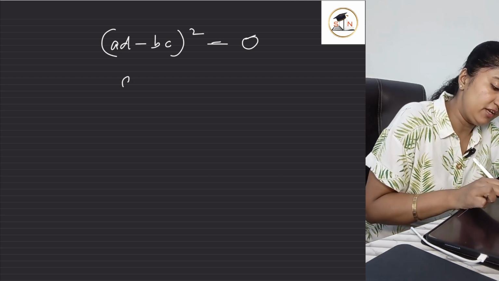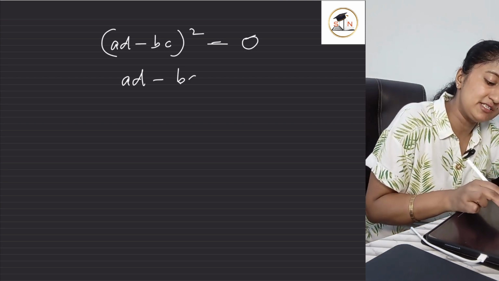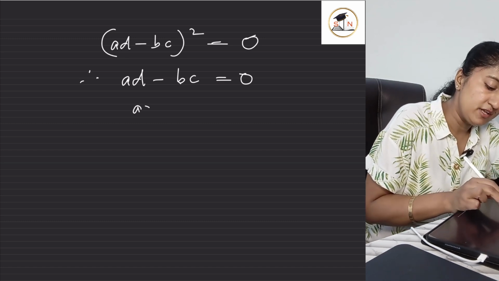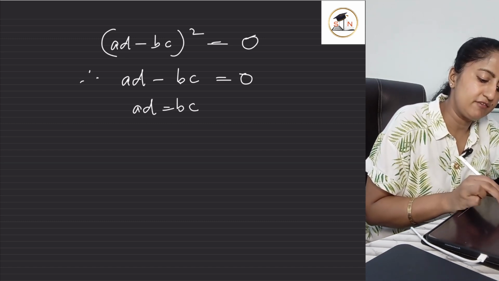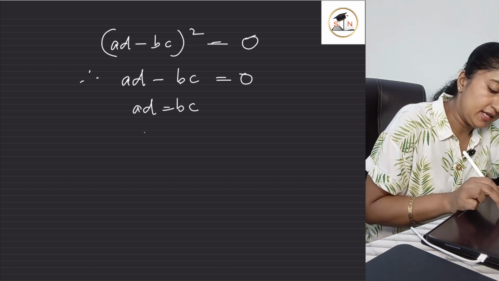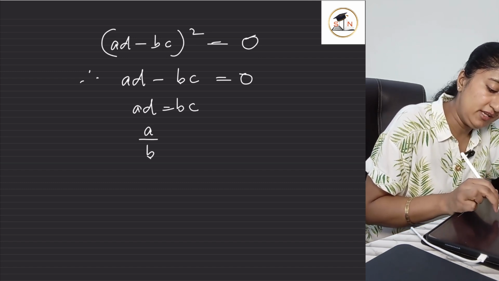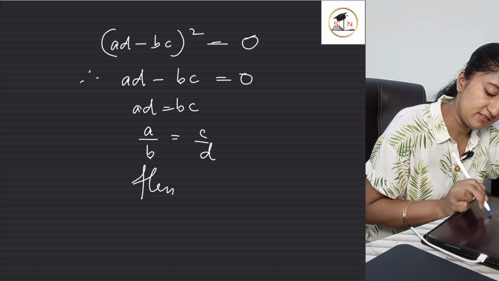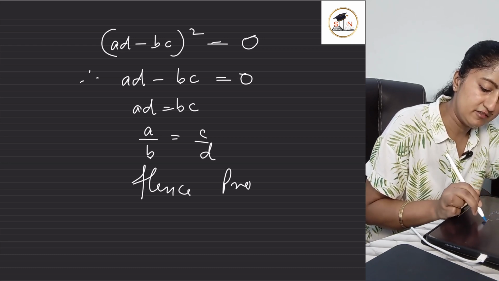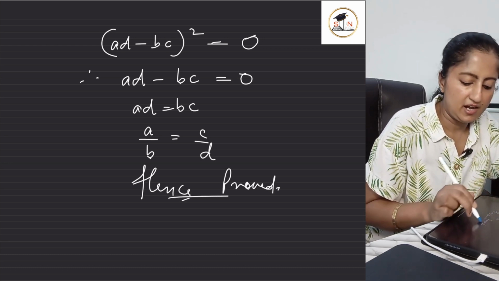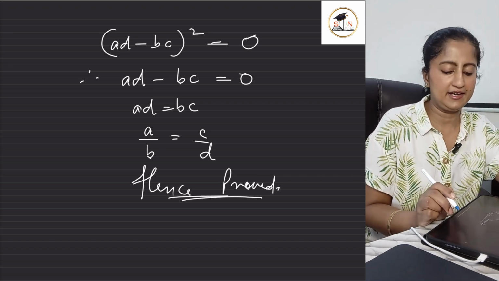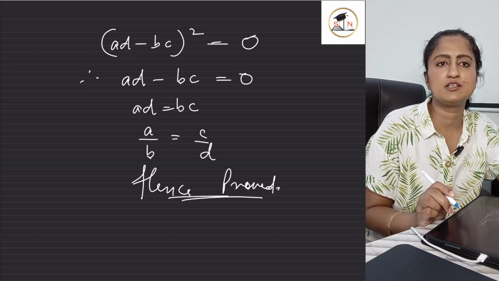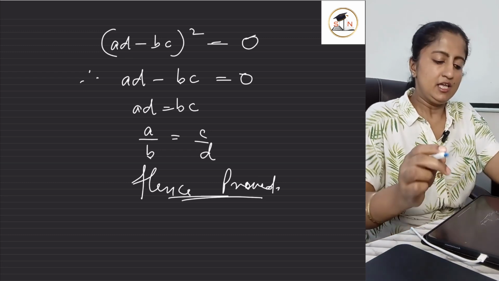That said, we are getting AD minus BC equals 0, right? So AD equals BC. And from here, what can I get? I can write A over B equals C over D, hence proved. I really like writing hence proved a little bigger when we have done a long question successfully, right?